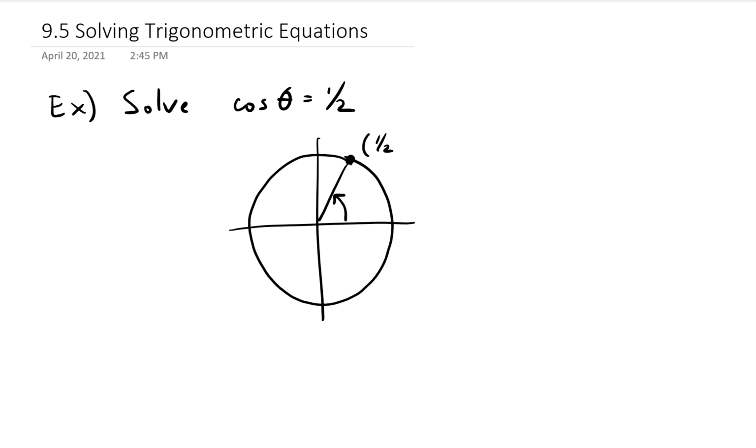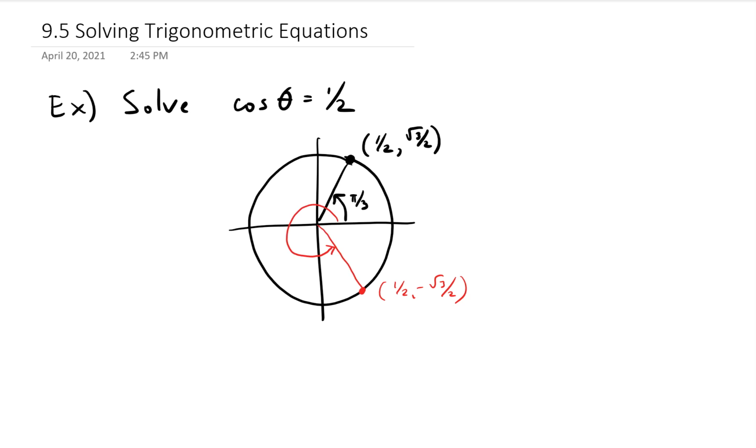So that's going to occur where? Well, that occurs for an angle of pi over 3, in which case the y-coordinate, which would be the sine value, is √3 over 2. So that's one possibility. There's another one, if we end up here at 1/2, minus √3 over 2. Now that occurs at minus pi over 3, or if I want an angle between 0 and 2 pi, it's 2 pi minus pi over 3.